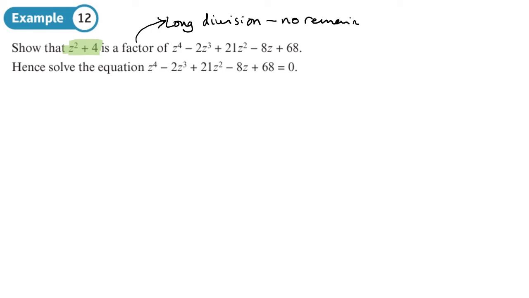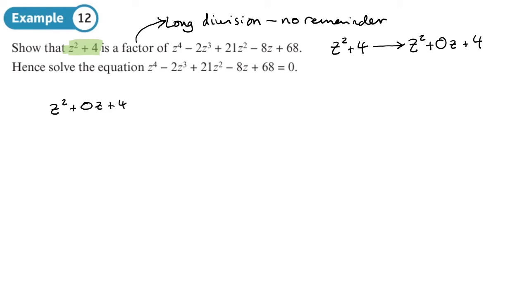Now, to make sure I don't run into any problems, this divisor of z squared plus 4, I'm going to write as z squared plus 0z plus 4. That way I get things in the right columns. I don't miss anything out. Otherwise, we could run into problems.